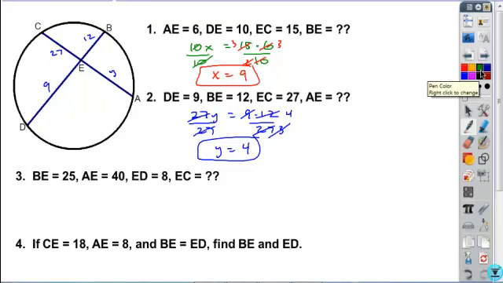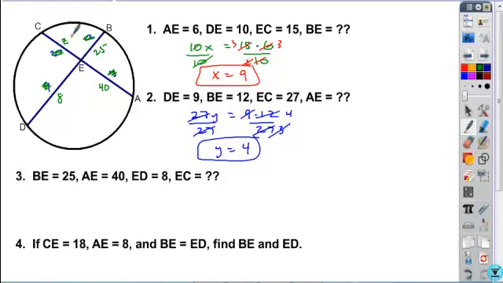All right, if we move to problem 3, we can use the same diagram here. BE is 25, AE is 40, ED is 8, and EC is our unknown.